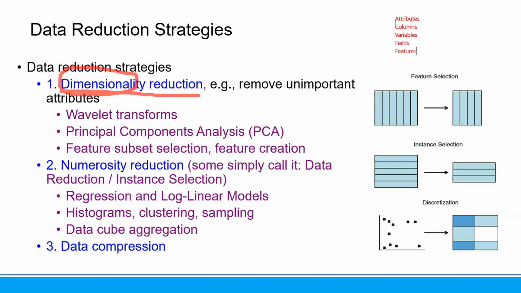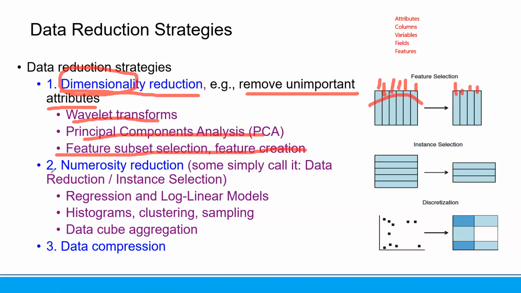So those are the same name or the similar name. We want to reduce the dimension. It means we want to remove the unimportant attributes. Let's say I have 6 columns, 1, 2, 3, 4, 5, 6. I want to reduce it into 4 columns, 1, 2, 3, 4. So with only 4 columns, I can get almost the same result. We need to use methodology like Wavelet Transform or PCA or feature subset selection or feature creation.